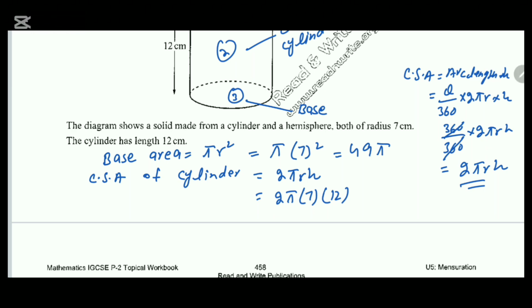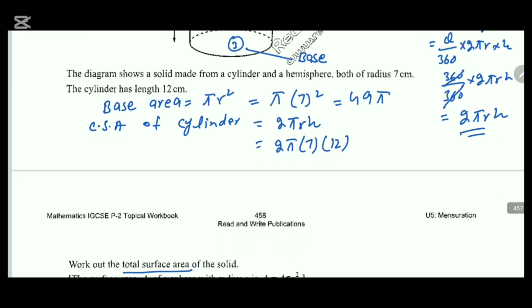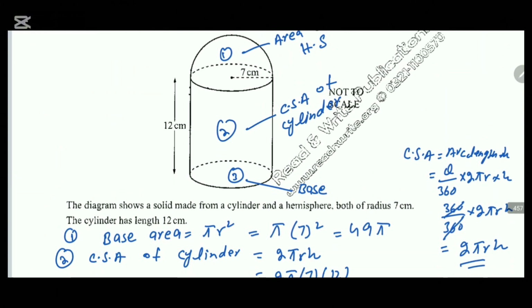Okay, so the final answer is 168 pi. Third thing we have to find: first base area, second curved surface area of cylinder, third surface area of hemisphere.